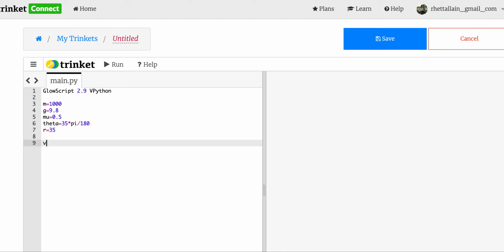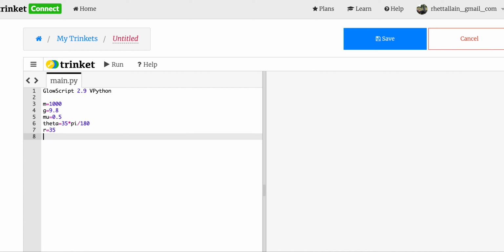This is the equation I had. v equals the square root of R times g times sine theta plus mu times cosine theta, divided by... I'm losing track of my parentheses here.